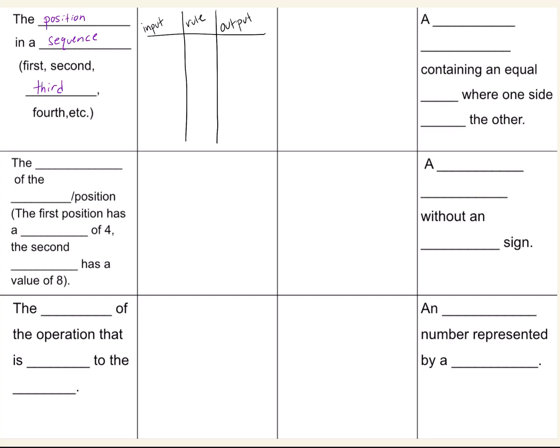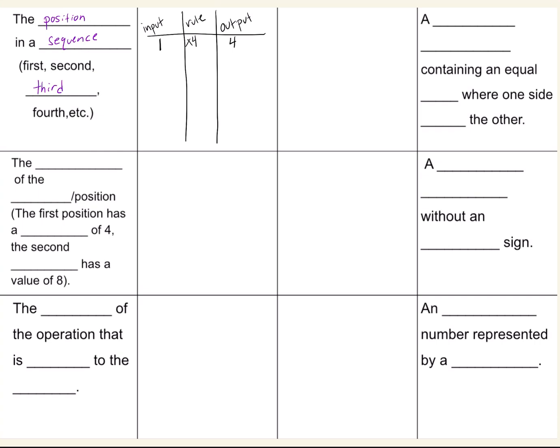Say our rule was times 4. What that means is you apply this rule to your input and it will give you your output. So if our input was 1, our output, after we apply this rule, would be 4.